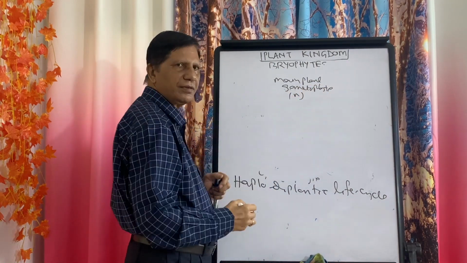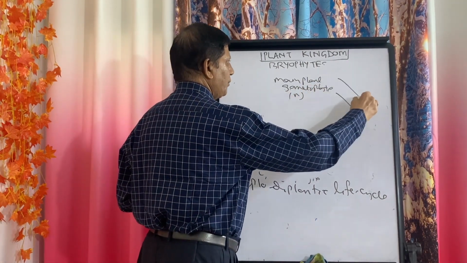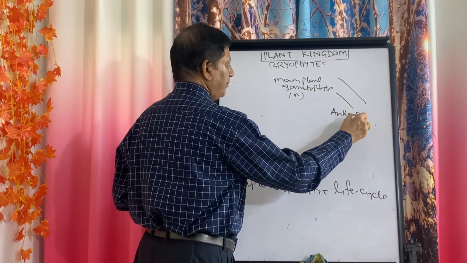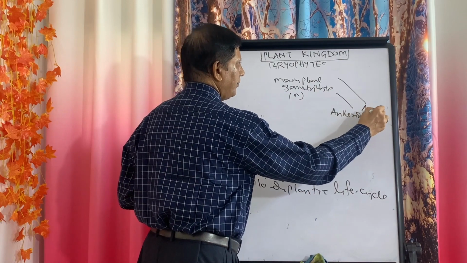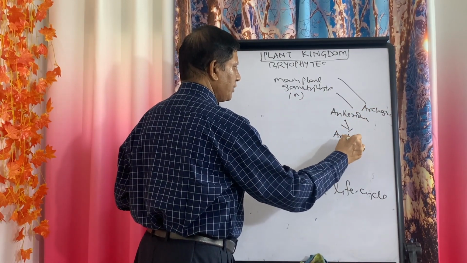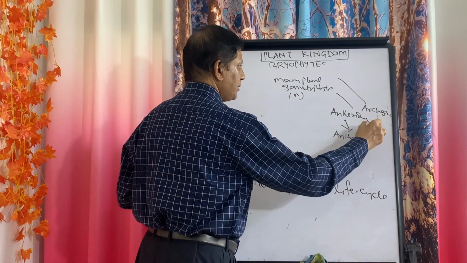This is haploid. Now it will give rise to sex organs, the antheridium and archegonium. Then the antheridium will give rise to antherozoids, and the archegonium will give rise to the egg.